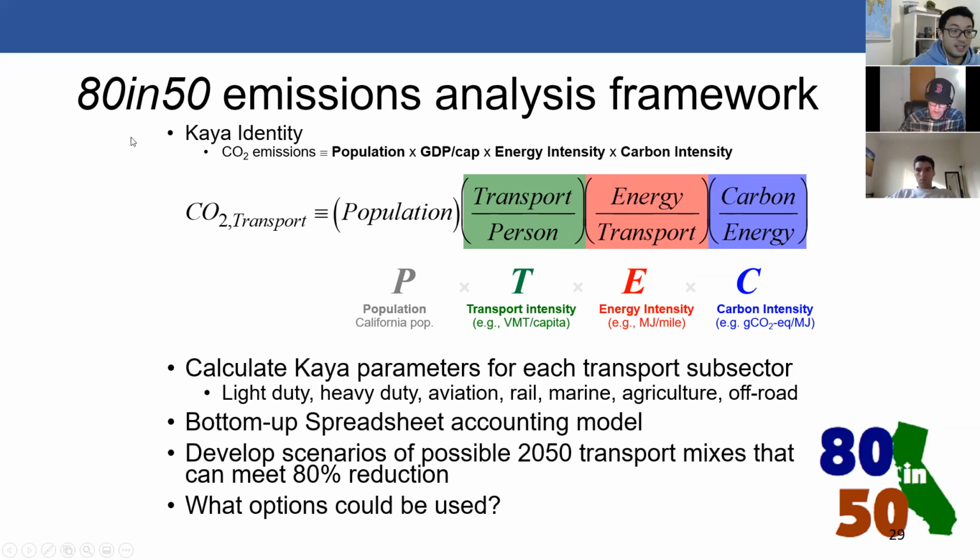And so this is a nice way that was employed to understand how we could leverage each of these factors, the T, E, and the C, to meet the 80% reduction. Like, what are the options to get down to 80%?